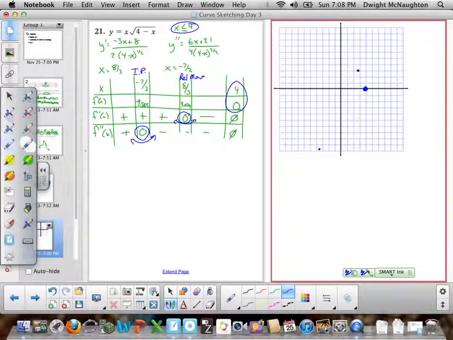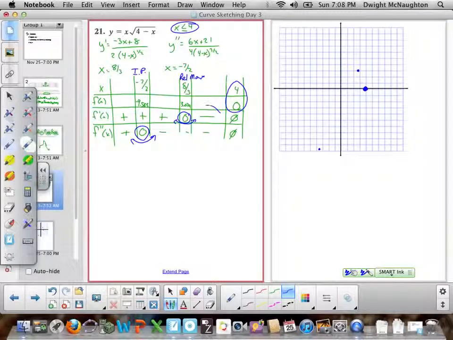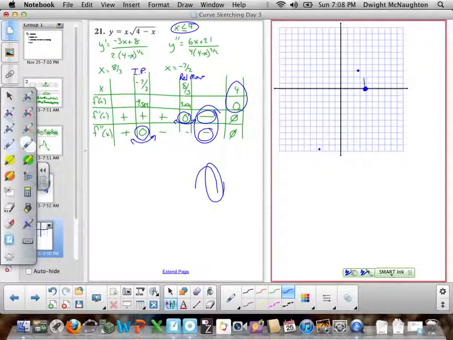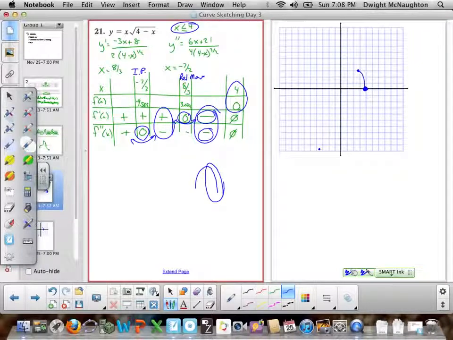And then we'll look at the intervals. Between 8/3 and 4, concave down and decreasing. Concave down and decreasing right there. Between -7/2 and 8/3, again, we're concave down, but here we're increasing.